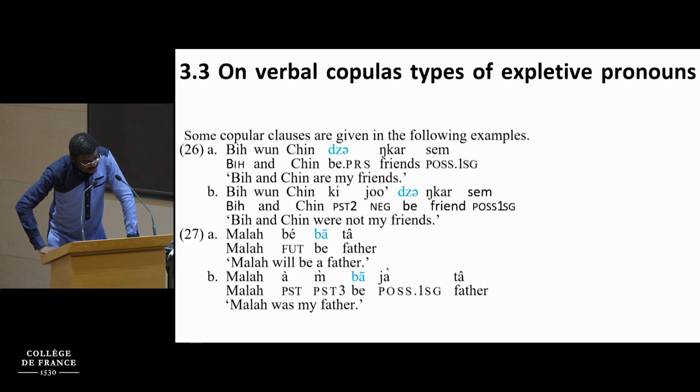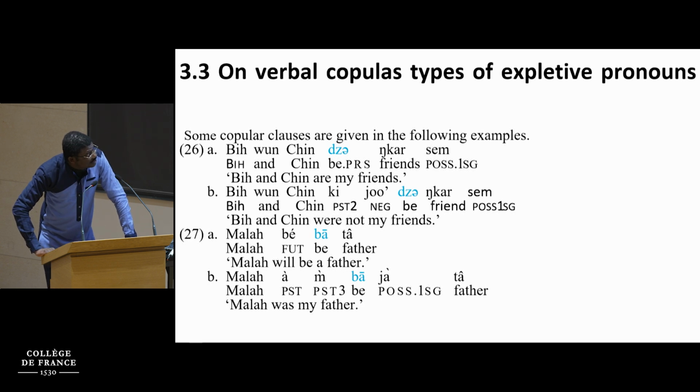Some copular clauses include the following. In the first case, you have the copula "je", which is "be". So B and Chin are my friends. Here it is in the present, and here they were not my friends. You see, they have the same copula.